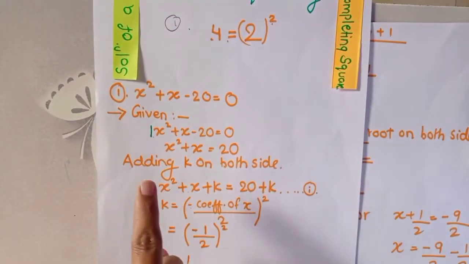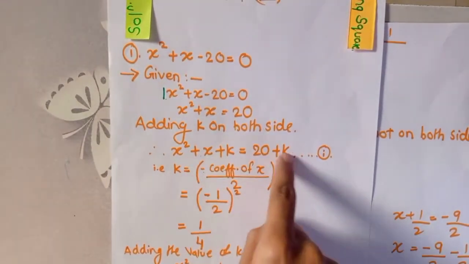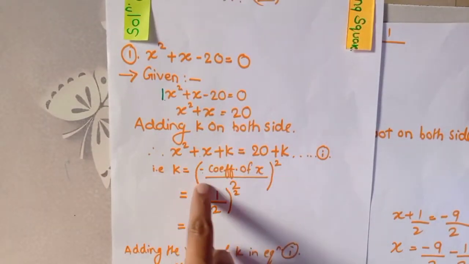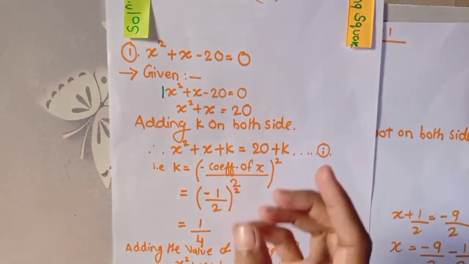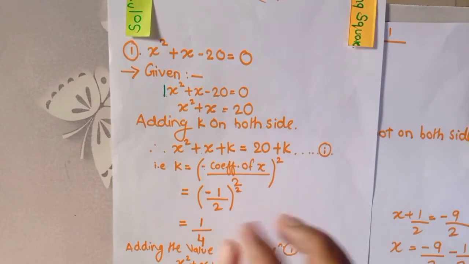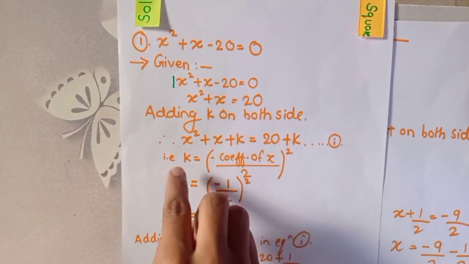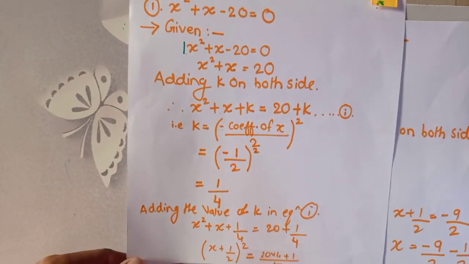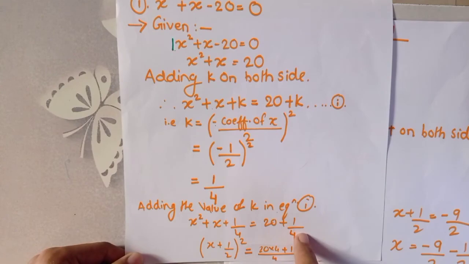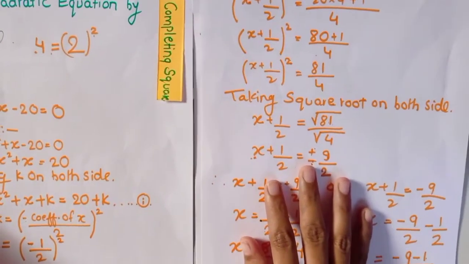Third step is adding k on both sides, finding the value of k by this formula, which is the most important shortcut method. In textbooks they have given the long method by adding or subtracting, but by this formula we can directly find the value of k. And the fourth step is putting that value in the equation and then solving. That's it, nothing else is there.